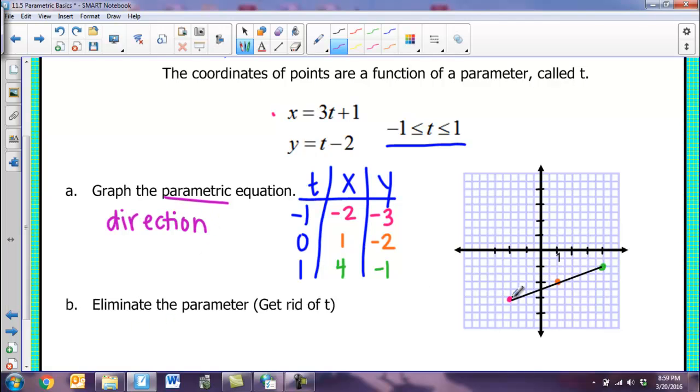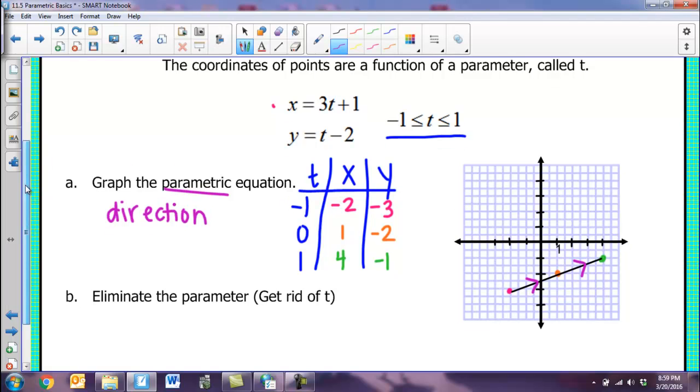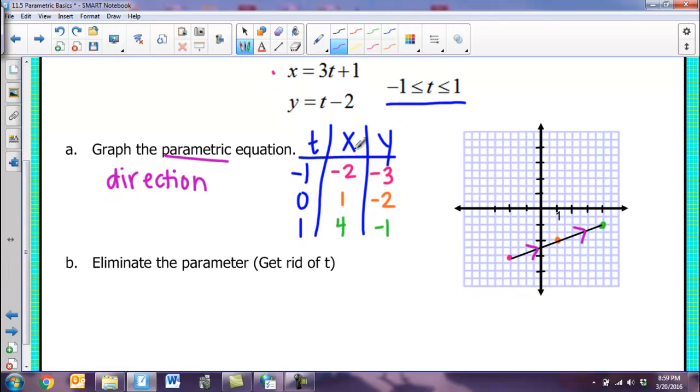So if the pink point was my first point, I went to the orange point, and so on and so forth. So I'm going to draw little arrows along my line to say this is the order that I graphed it in. That's the only thing that's really different about parametric equations. When you see a graph, they're going to have a little arrow on it to tell you which point you plotted first.